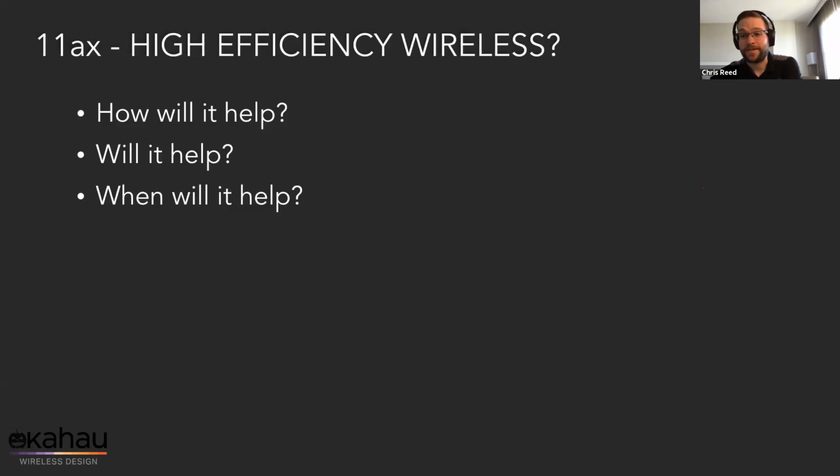That's a tough one, and I think the decider of that is going to be client adoption. When would clients be able to support 6 gigahertz, and when would the majority of clients be able to support 6 gigahertz? In the stadiums we're going to have AX clients quicker than most other venues.